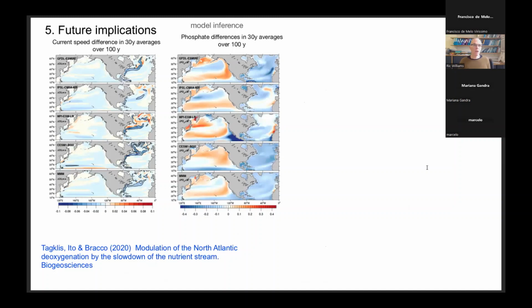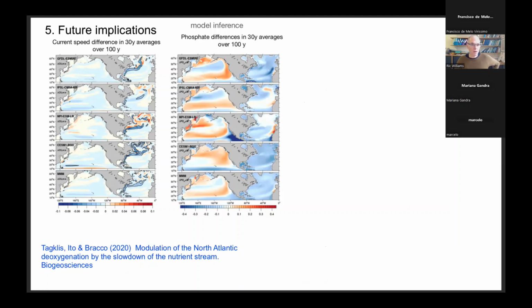So that's all a data and model perspective, but why might we care? This is a study by Taglis, Ito, and Braca from about 2 years ago.